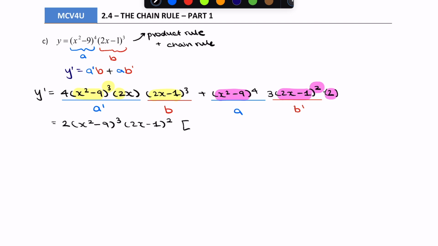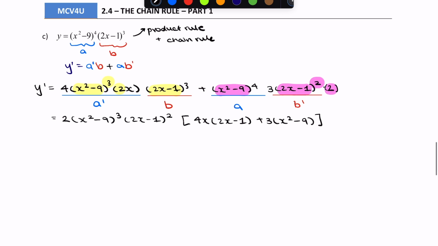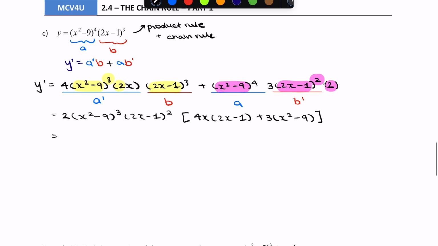And what's left over is we have 4x(2x − 1) plus 3(x² − 9). And now we can expand and then simplify as much as possible.